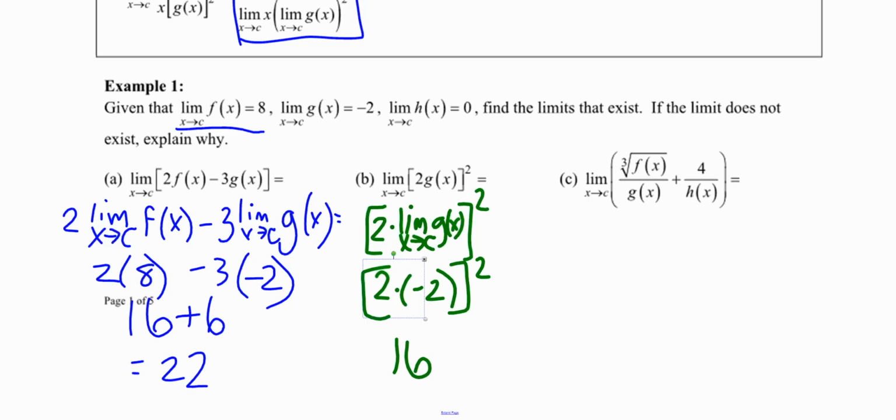And for the last one, it's a combination of a lot of things. Again, you won't rewrite it this way. I'm just showing you the specific properties that we're using.